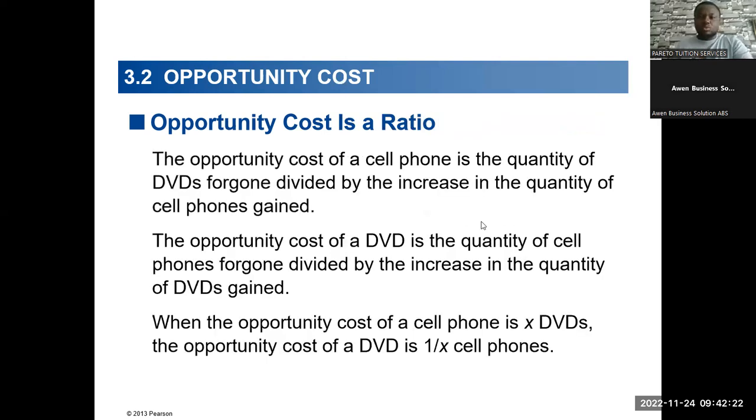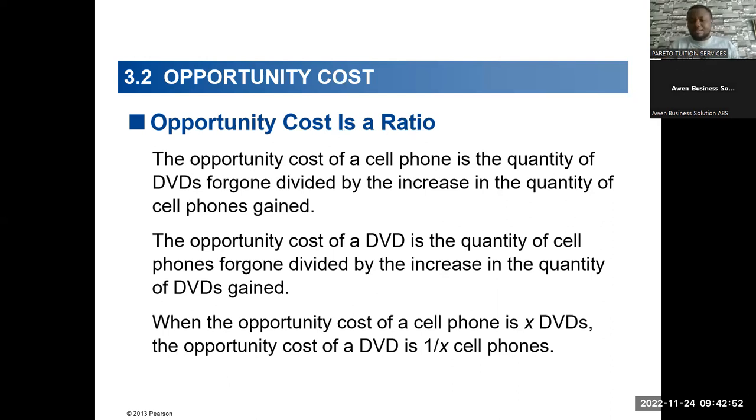This is what I'm talking about. As we've seen earlier, if you want to calculate the opportunity cost of increasing cell phones by one unit, it's going to be the decrease in DVDs divided by the increase in cell phones. Conversely, if you want to calculate the opportunity cost of DVD, that is going to be the decrease in cell phones divided by the increase in DVDs.